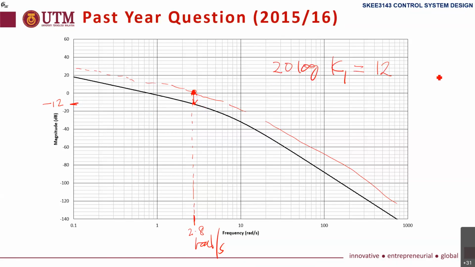So K1 is the antilog of 12 over 20. It is 3.98. K1 is 3.98 here.